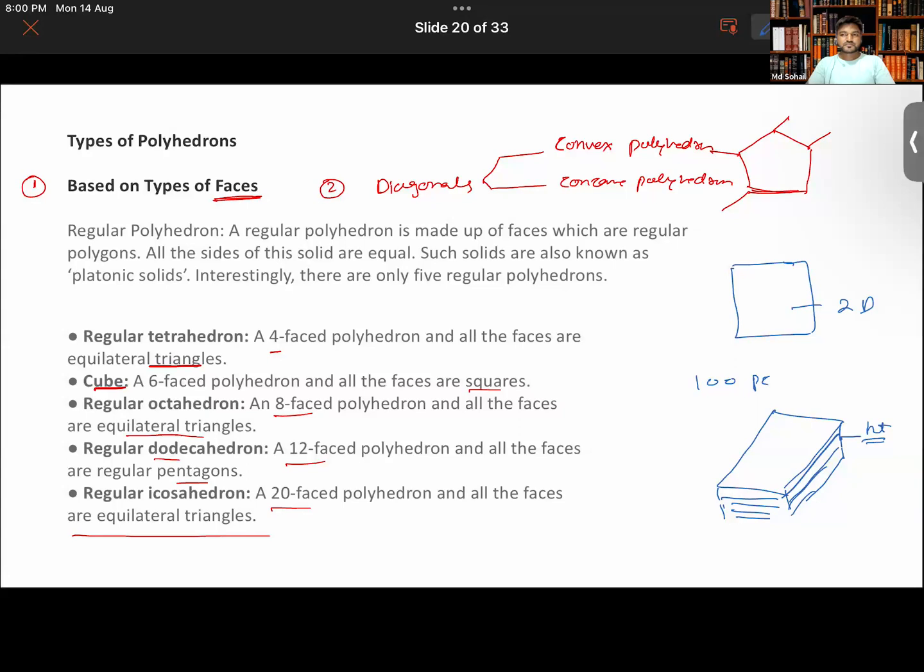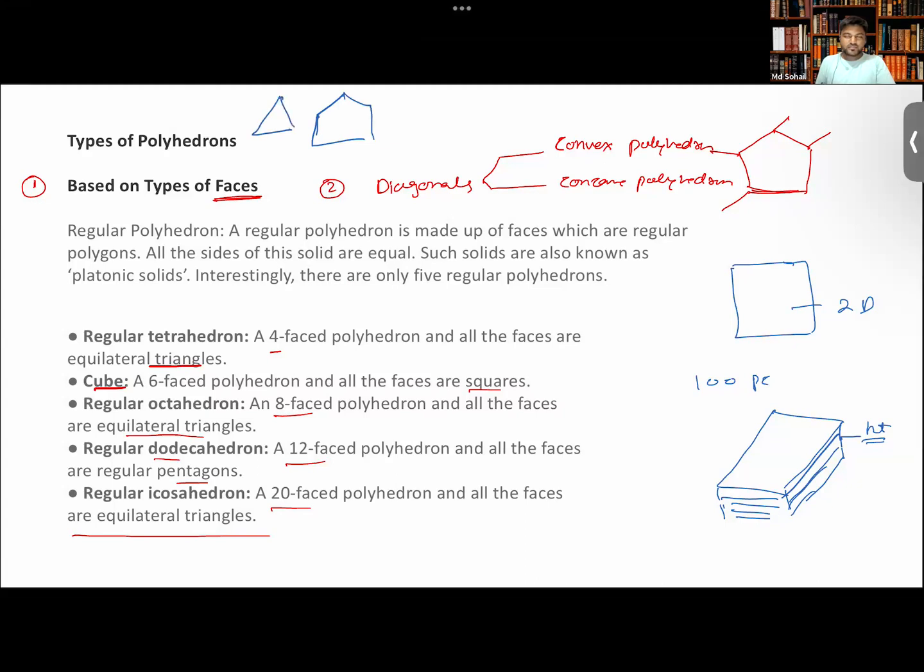And the solid shapes we are talking about here can also be called polyhedrons. So polyhedrons are what? You get different types of polygons, for example a pentagon, a triangle, a square, or a rectangle, and you paste them together, then you end up getting a polyhedron.